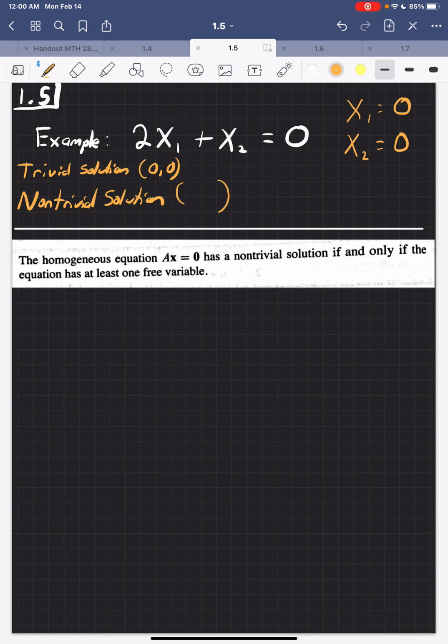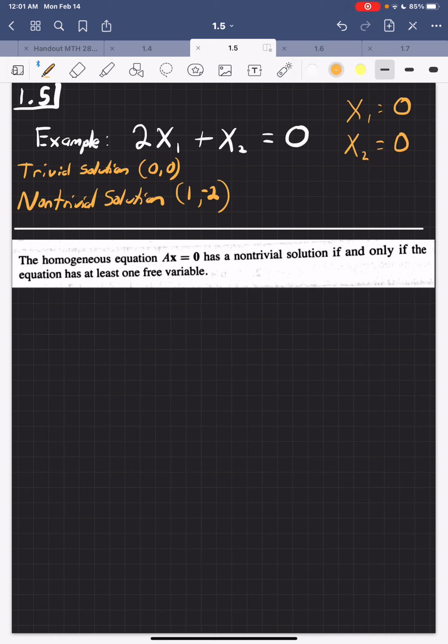So for example, if I let x sub 1 equal 1, and I let x sub 2 equal negative 2, well, 2 times 1 minus 2 also equals 0. Both of these are solutions, but this is more along the lines of the types of solutions that we are looking for, because it's always assumed that 0, 0 is one of the solutions. So we're looking for non-trivial solutions.